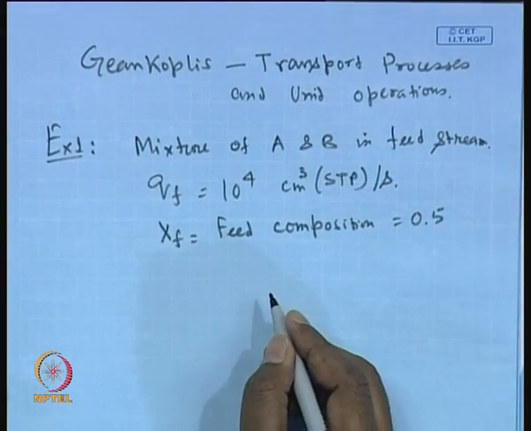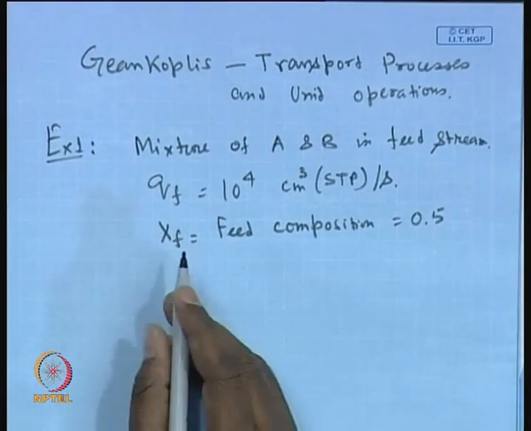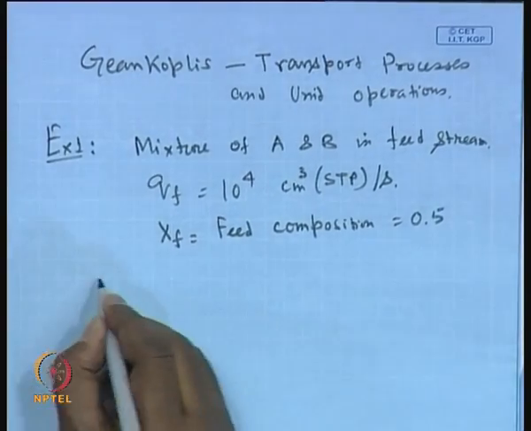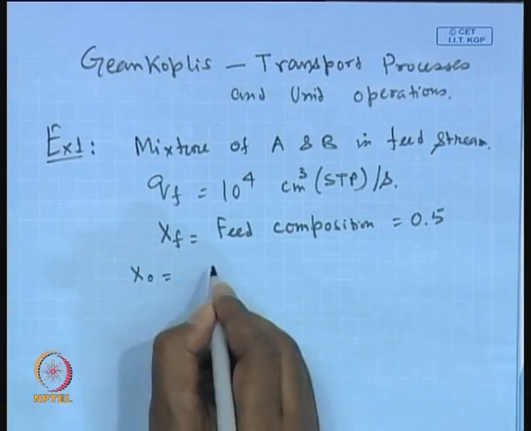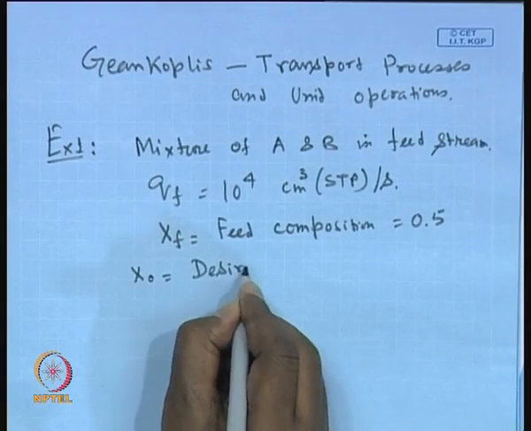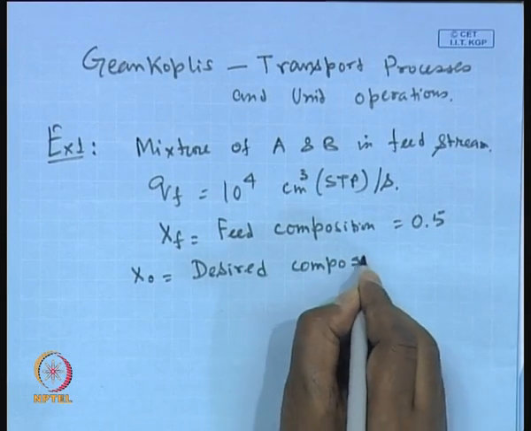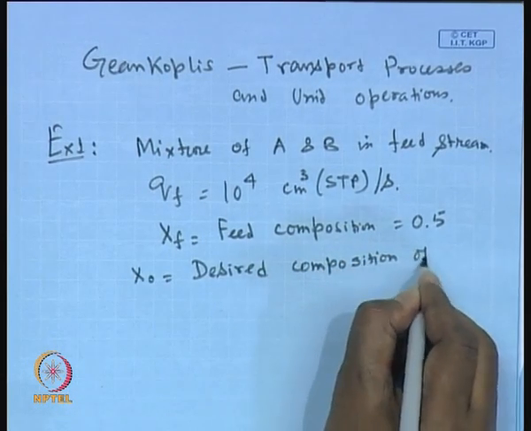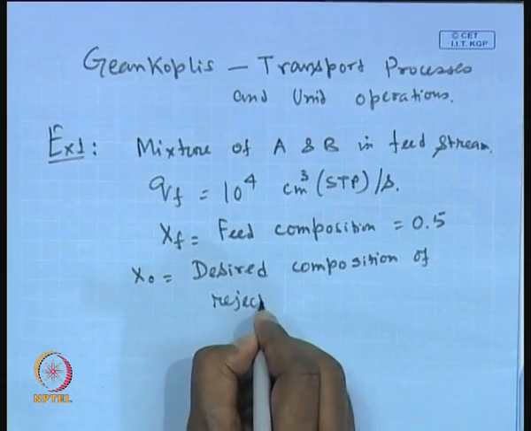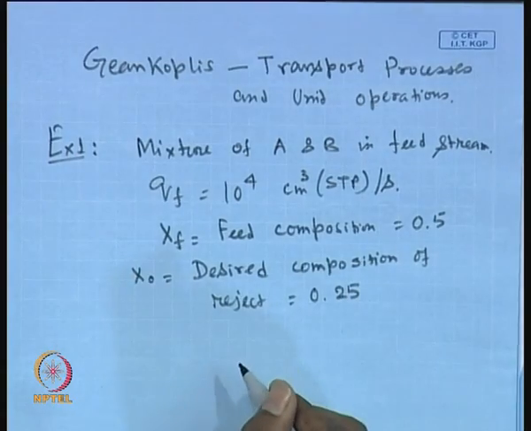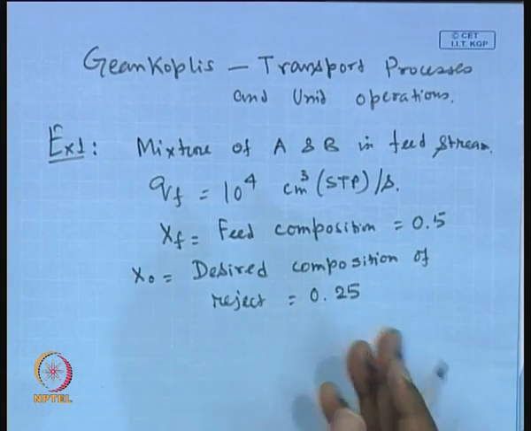That means you have a mole fraction of A of 0.5 going into the system, and the desired composition of the reject is given. x0 is the desired composition of reject, that is given as 0.25. So, you have set what will be my reject composition.